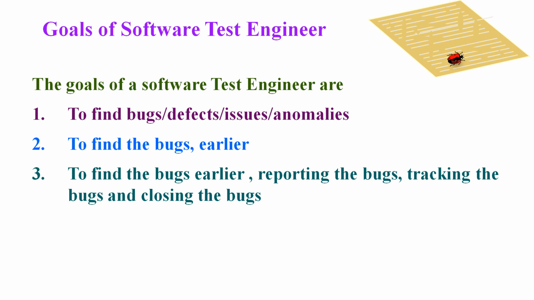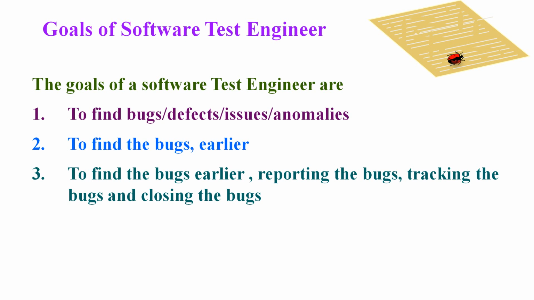I will explain elaborately. For example, say static testing. During the static testing, you are doing reviews on the BRS document, to find the defects in the BRS document. Who is the author of the BRS document? The business analyst. During the review process, say one software test engineer has found a defect.